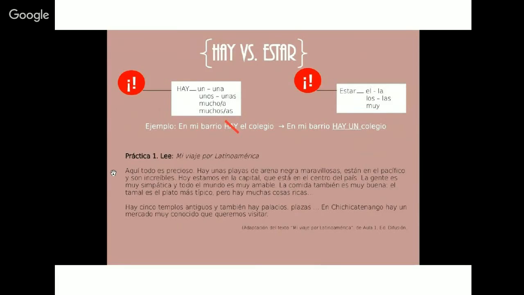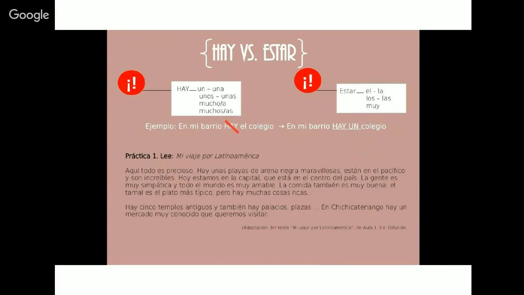Entonces, ahora vamos a leer un fragmento de mi viaje por Latinoamérica. En este fragmento vamos a ver que está hay, estar y ser. So, we're going to read a fragment from mi viaje por Latinoamérica, which means my trip over Latin America.